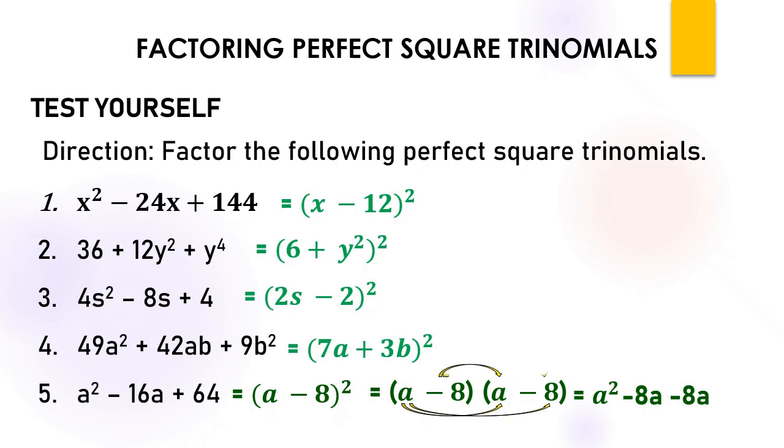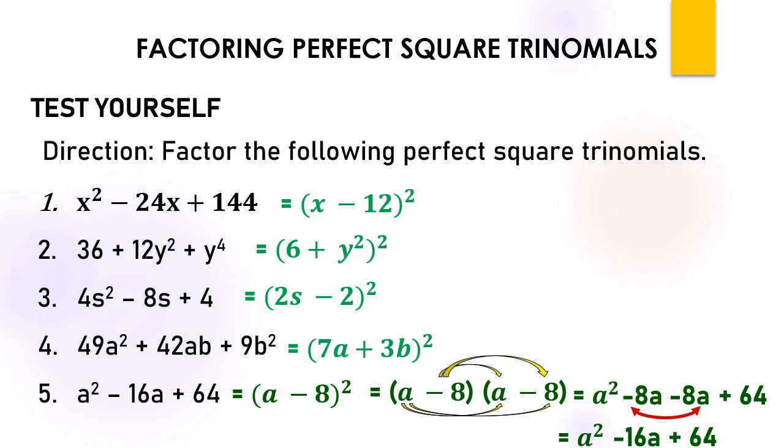And then the last: minus 8 times minus 8 will give us positive 64. And then to complete our answer, we add the terms in the middle, which are minus 8a and minus 8a. So that will be minus 16a.